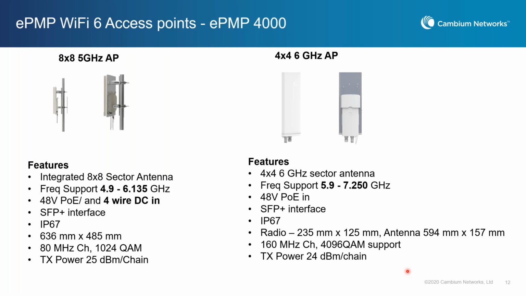And your density of subscribers will tend to be higher in 5 gig because we've been in this 5 gig space for a long time. So now when you do an 8x8, chances of being able to group subscribers and getting that MU-MIMO benefit is much better. When you shift over to 6 gig, we're going to start in a relatively clean spectrum.